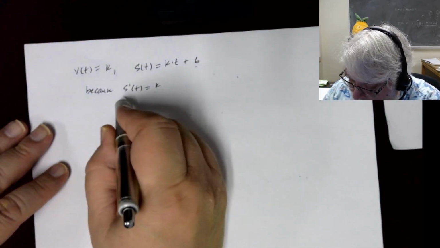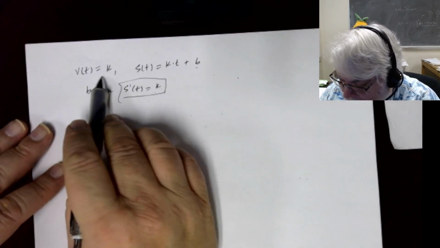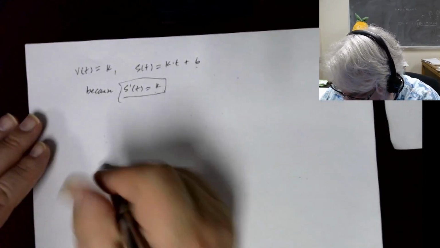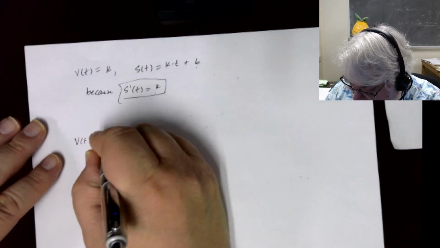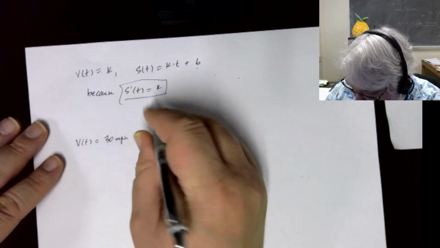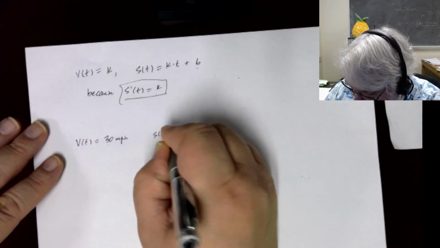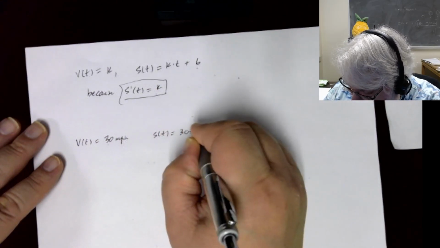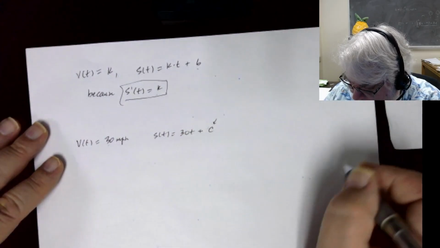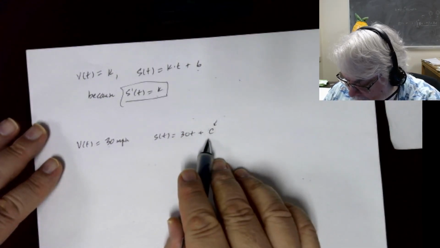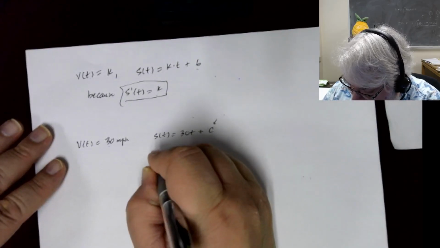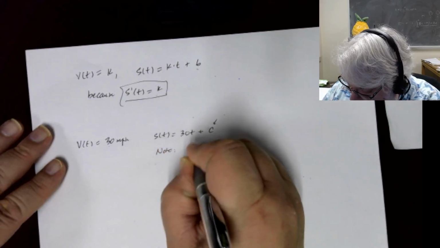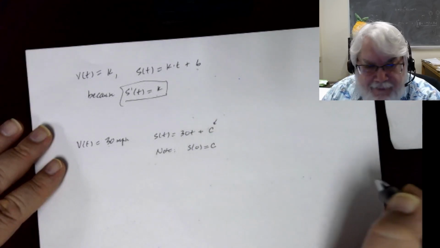Good. So what does that mean in terms of the graph here? If our velocity is, say, let's be specific, 30 miles per hour, why would your position function be 30t plus some unknown c? Well, the c here is actually telling you where you started at time 0. Notice s at time 0 is equal to c.